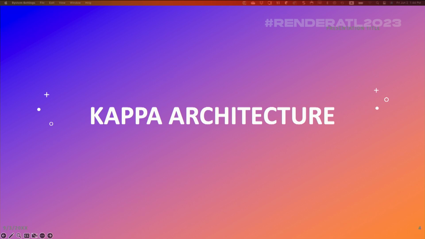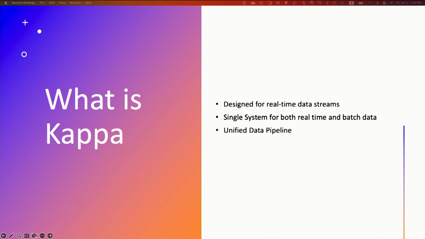So first we're going to look at Kappa architecture. And basically, Kappa is designed specifically for handling real-time data. So like I said, the click stream on an e-commerce website or something similar.